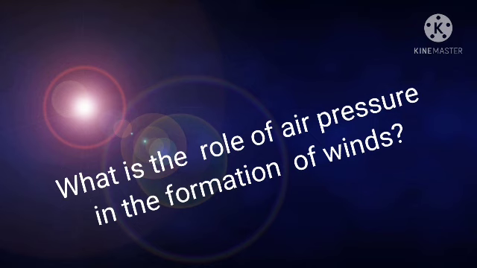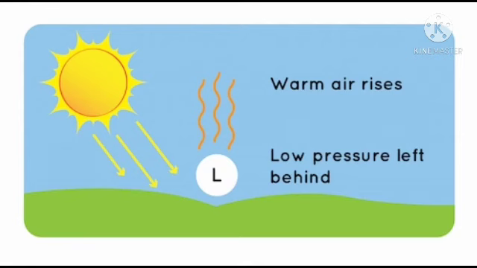What is the role of air pressure in the formation of winds? Yes. So you might have learned about the land breeze and the sea breeze. When you learn how these winds are formed, what happens during a lot of heat? The air near the ground will become warmer and will rise up.